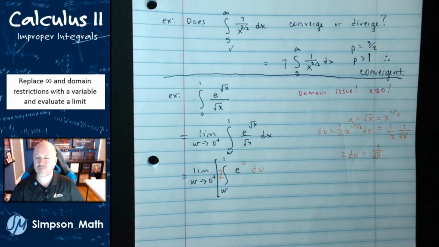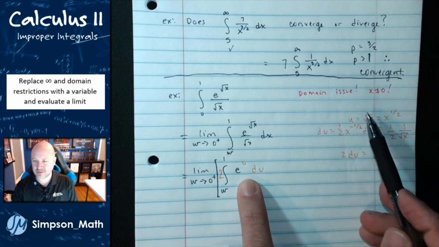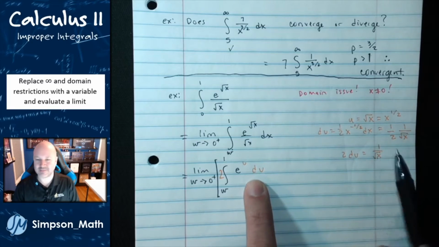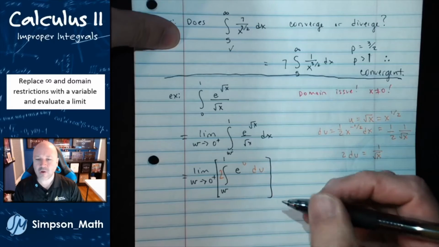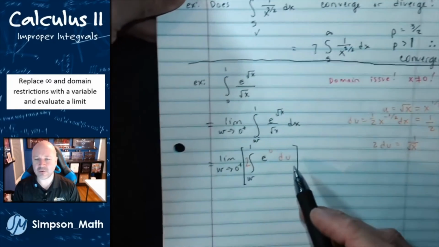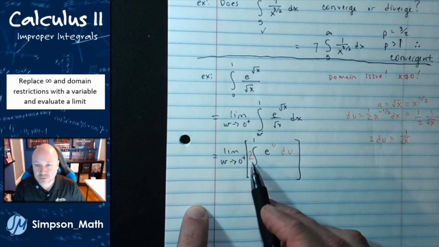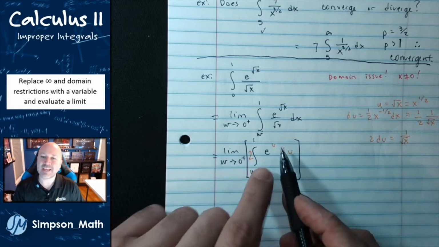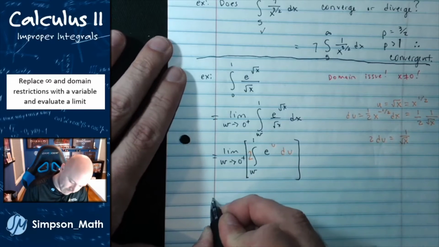The fraction's gone. Wait, one more second. E to the u, and then du is this. Nice. All right, I can integrate e to the u. It's simply e to the u. Now that 2 is a constant inside the limit. It came out of the integration process, so it can come out of the limit process as well.